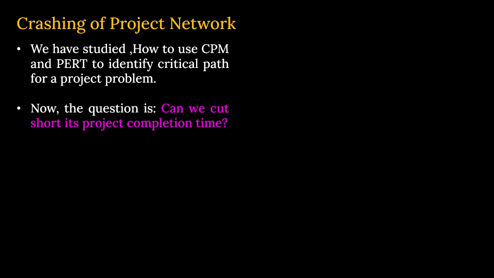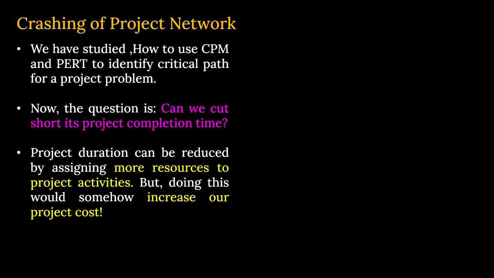Suppose, as per your CPM and PERT calculation, a project will take 15 days to be completed. Now the question is, can we make it 14 days or 13 days or lesser? That's the question, and in this session that will be answered.